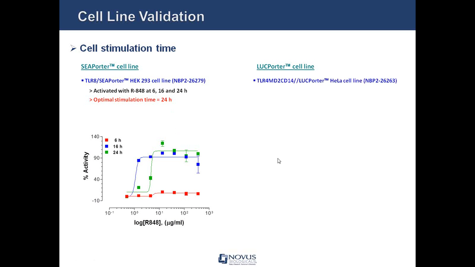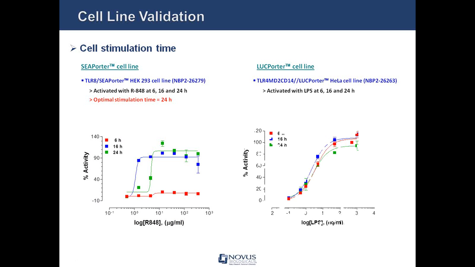In the case of LUCPorter cell lines, we use the TLR4-MD2-CD14 cell line and activate with LPS at 3 different time points. And then we see a similar pattern, 6 hours, 16 hours, 24 hours. So the optimal stimulation time should be at least 6 hours and go up to 16 hours.